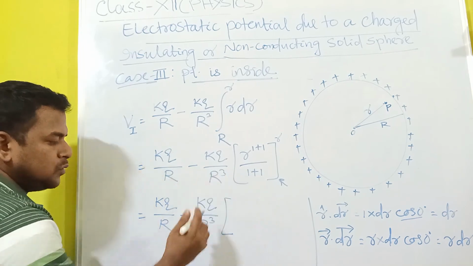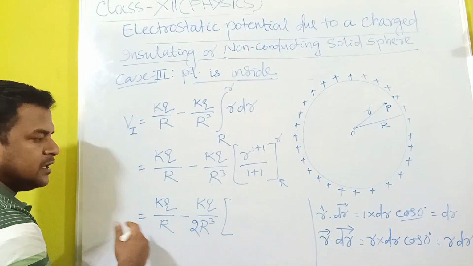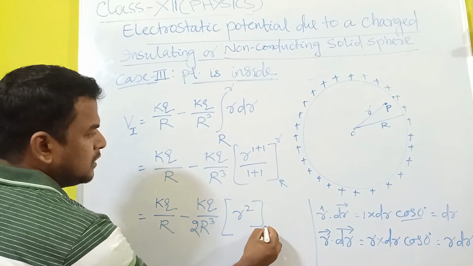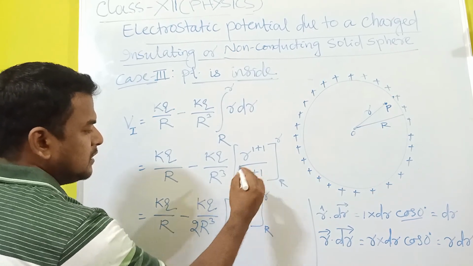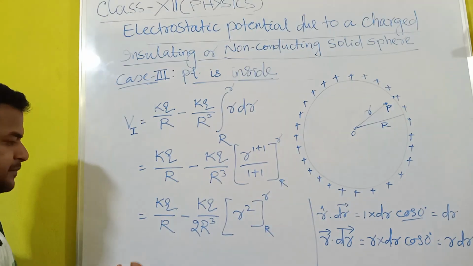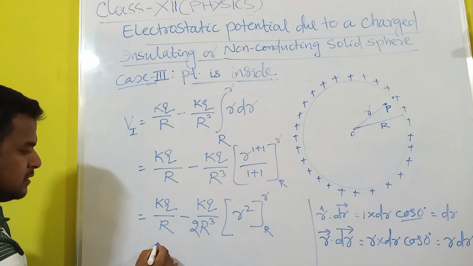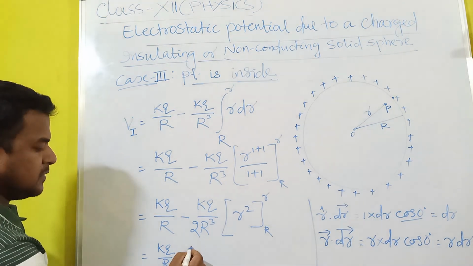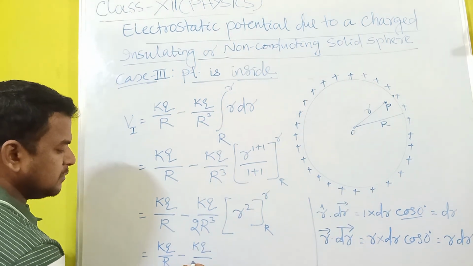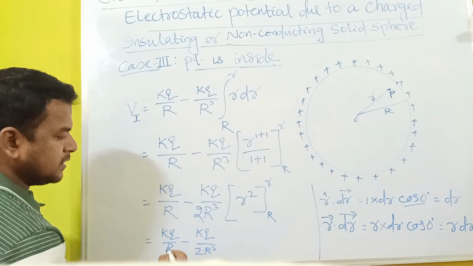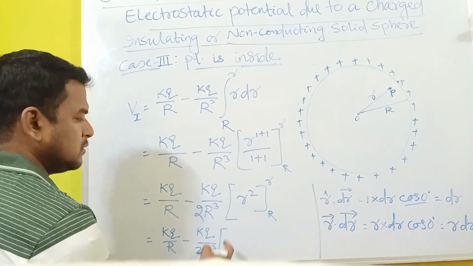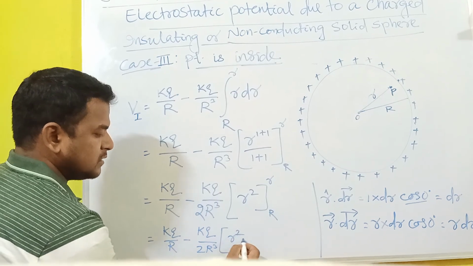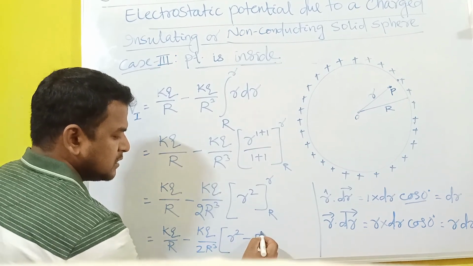It is 2 taking outside, so r to the power 2, r 2 small r is how much? kq upon R minus kq upon 2R cube. Use the values, small r square minus capital R square.